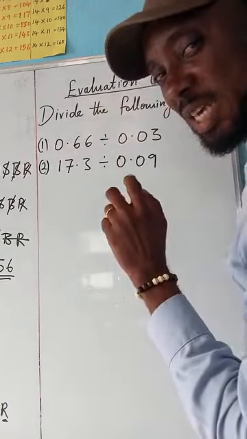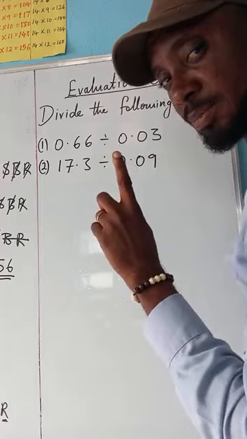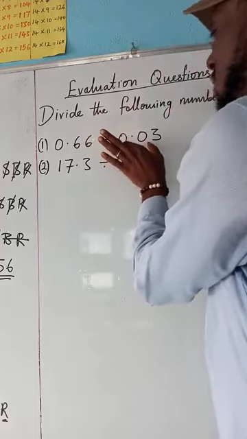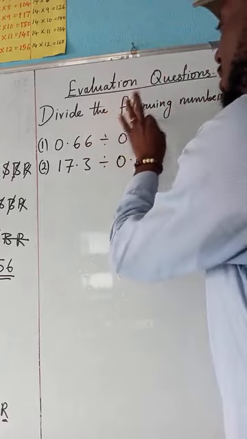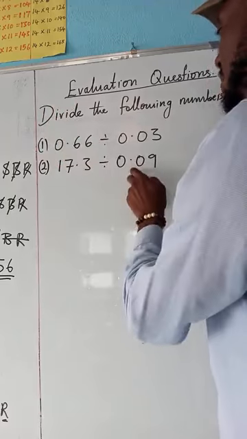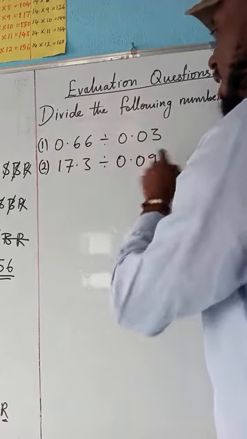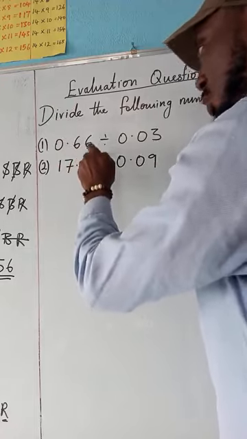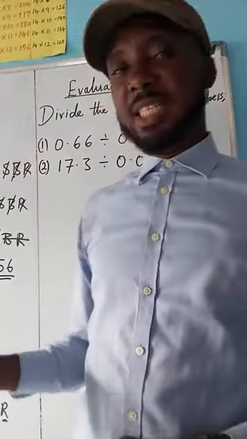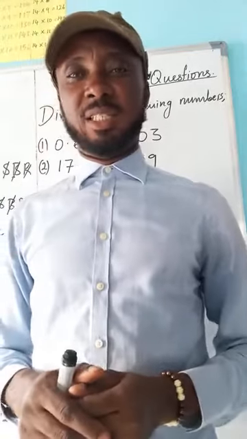Do not forget to make this divisor a whole number before you start dividing. And when you are making it a whole number, multiplying it by 100 or moving it 2 places to the right, you will also move this one 2 places to the right. The same thing here. Follow what I did, you will get the answers right.